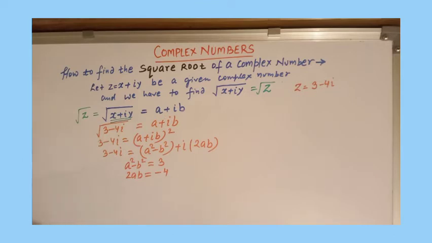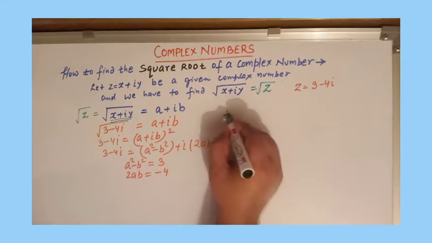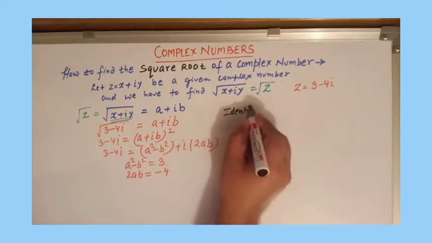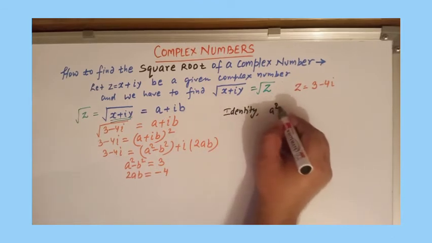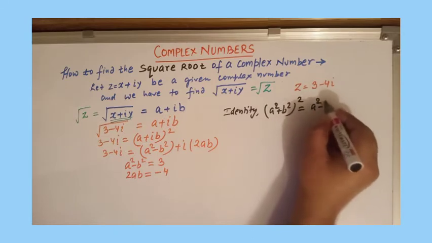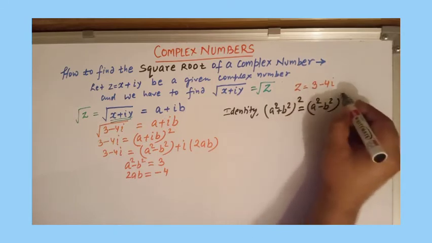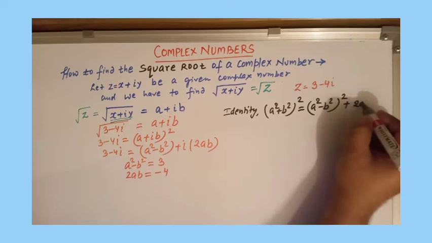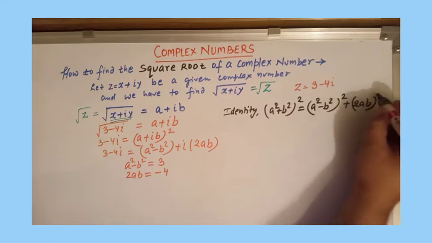Now we will make use of the identity: (a square plus b square) whole square is equal to (a square minus b square) whole square plus (2ab) square.